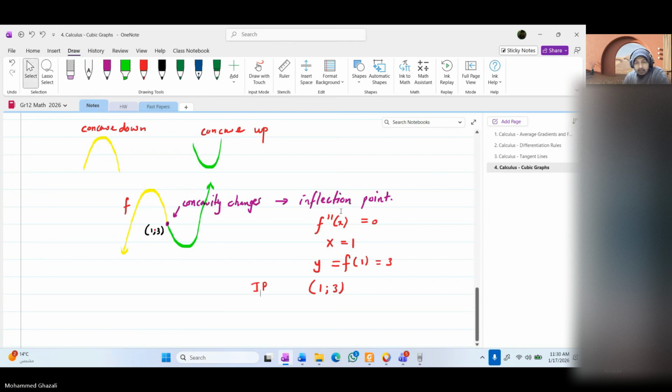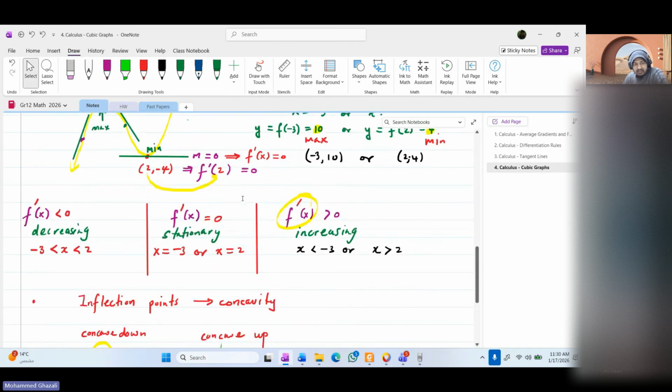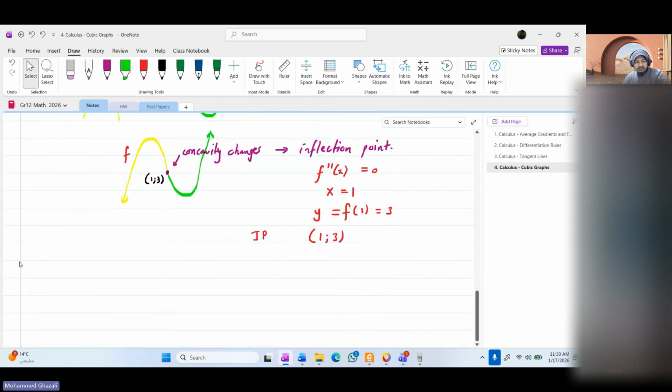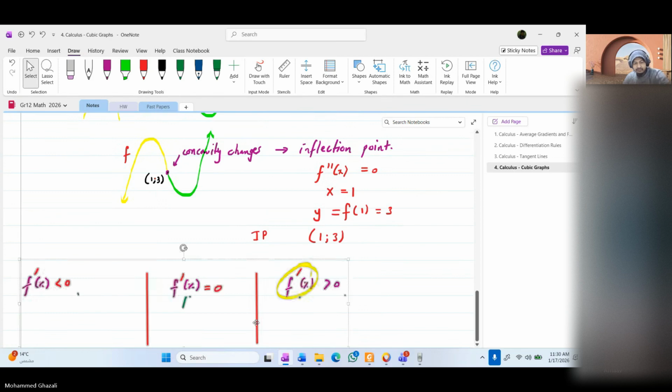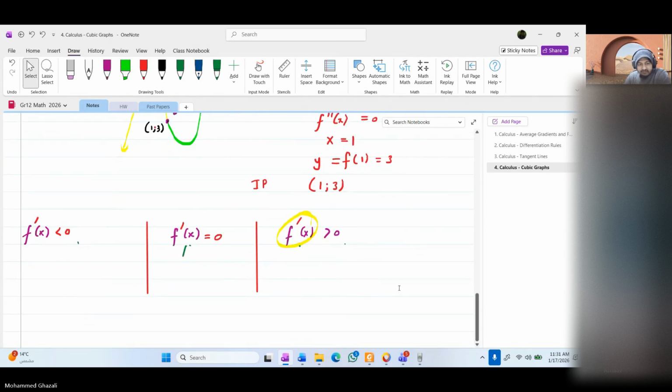Now, remember before what we said? We need these three important pieces of information again. Now we are working with the double derivative. So what do we want now? We want f double prime x less than 0, f double prime x equal to 0, and f double prime x positive.